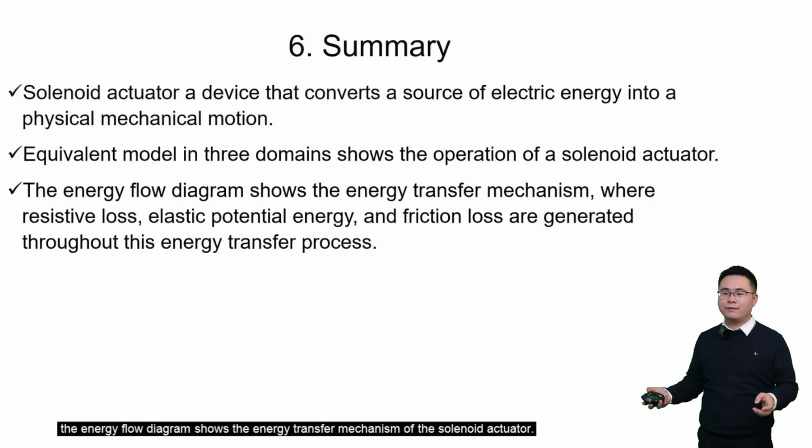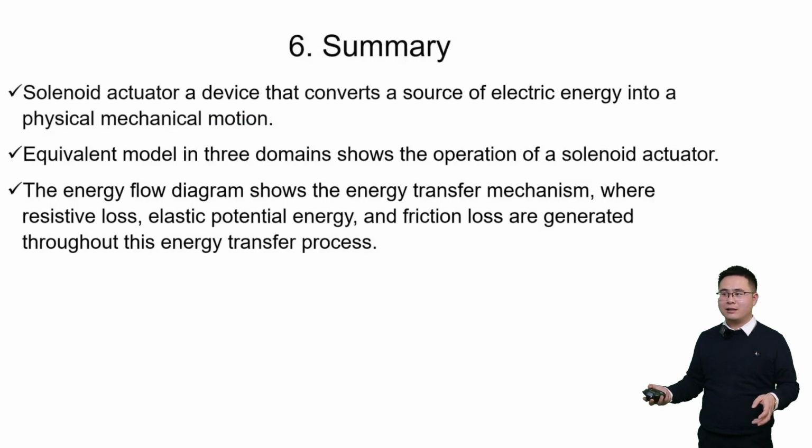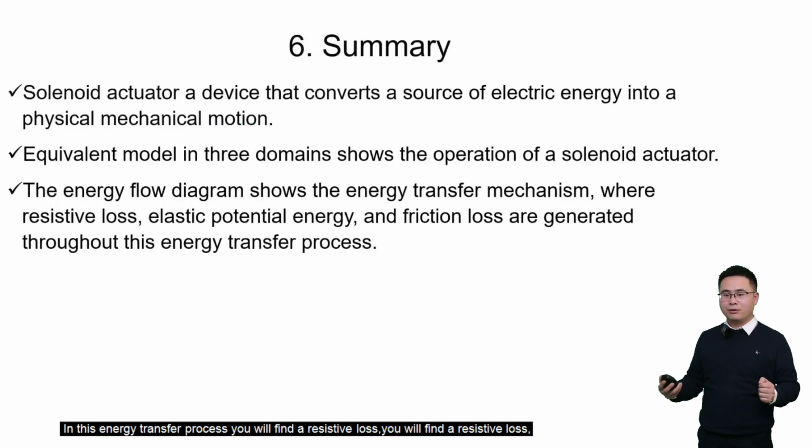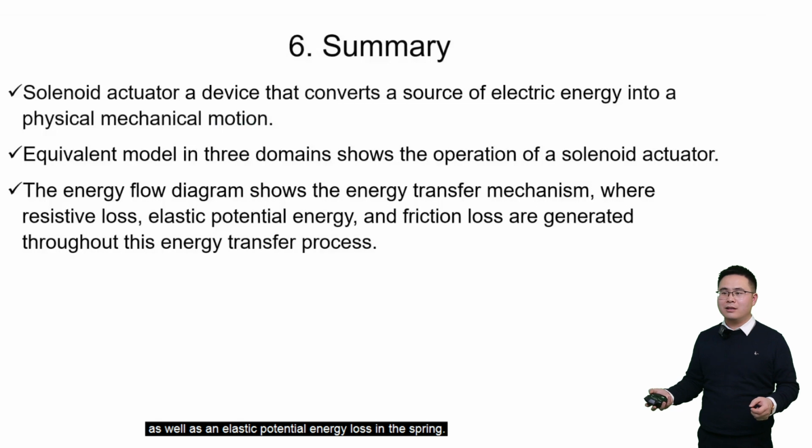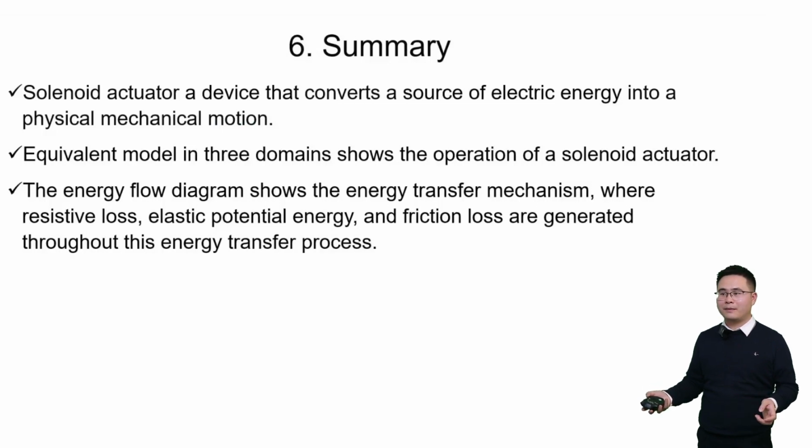Third, the energy flow diagram shows the energy transfer mechanism of the solenoid actuator. And in this energy transfer process, you will find a resistive loss, a friction loss, as well as an elastic potential energy loss in the spring.